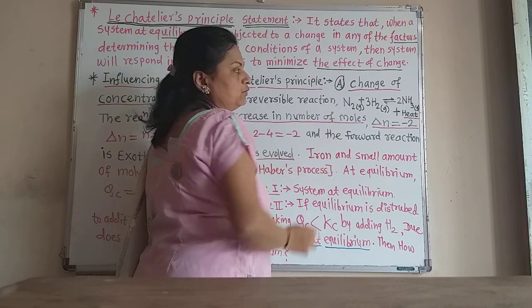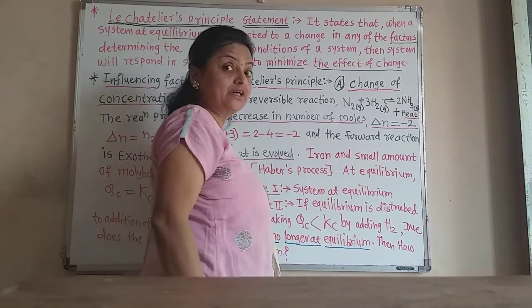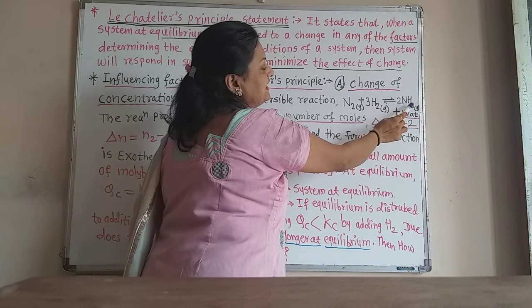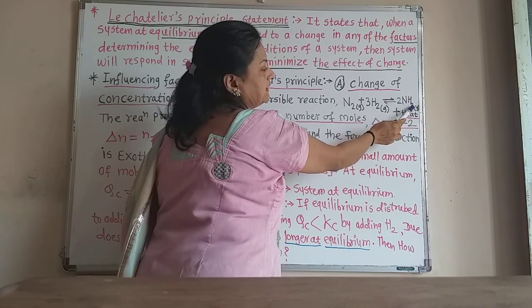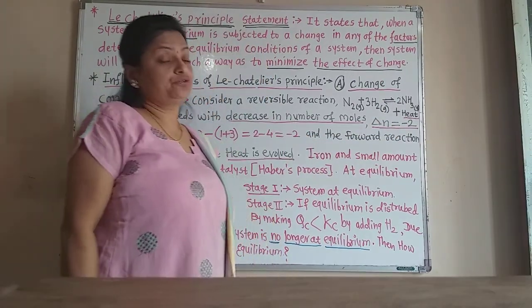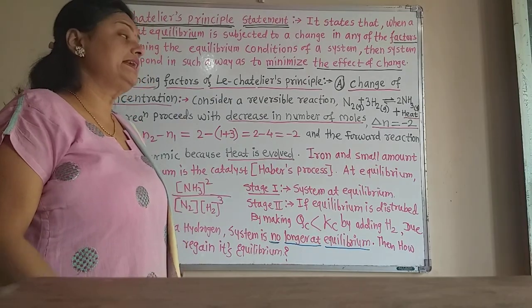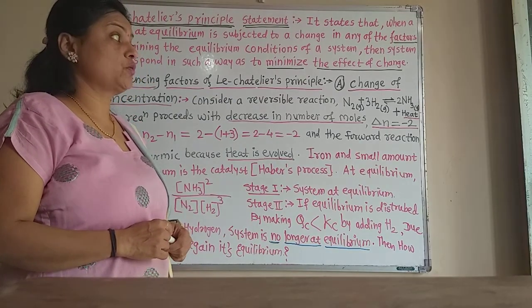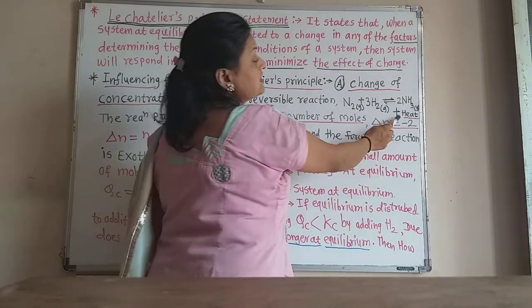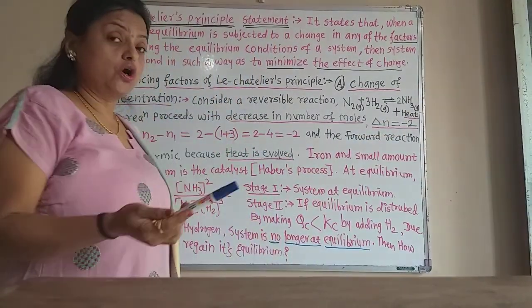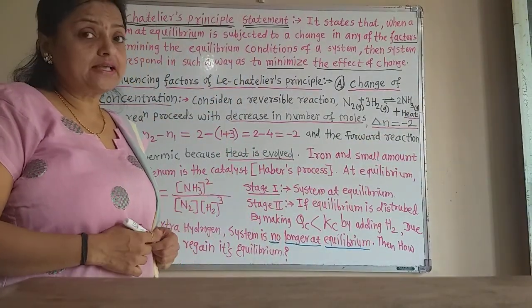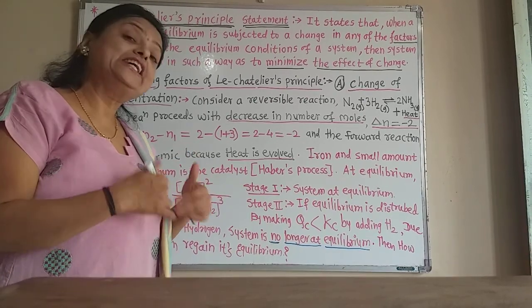Here nitrogen has 2 atoms and hydrogen has 6 atoms. So 2 NH3 means 2 nitrogen atoms and 3 multiplied by 2, 6 hydrogen atoms. Now this is the balanced reversible reaction, the formation of ammonia, plus heat, meaning heat is evolved. This shows that it is an exothermic reaction.